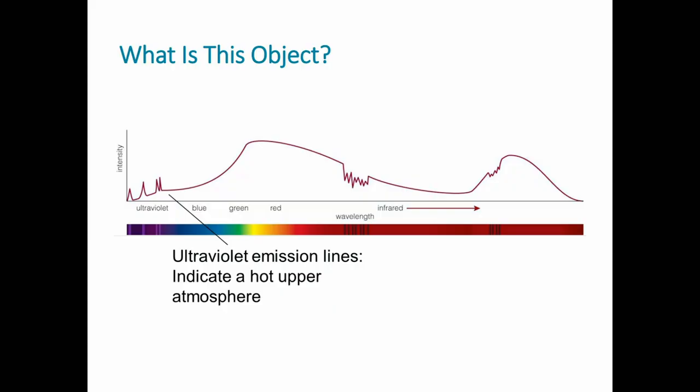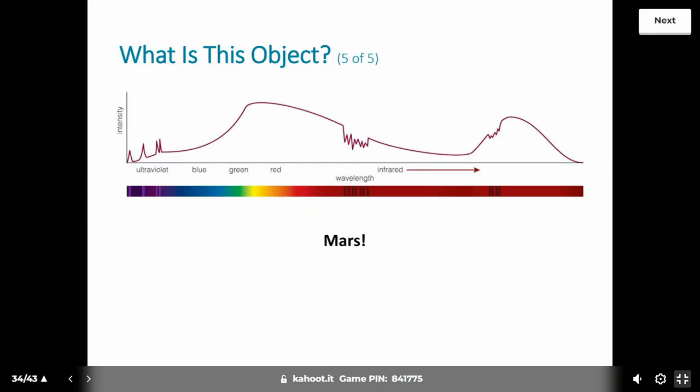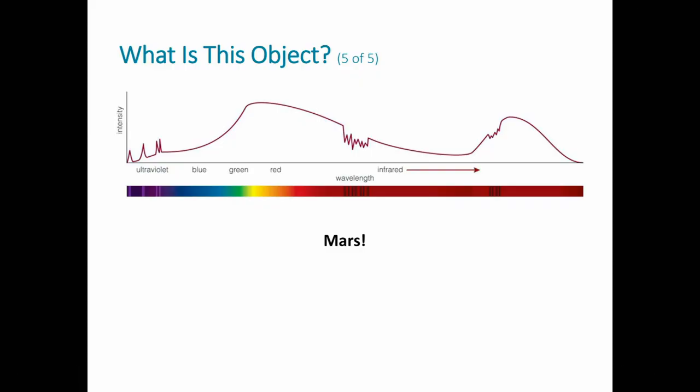So what is this object? It turns out that this is the spectrum of Mars. So remember, none of the planets in the solar system emit their own visible wavelength light. So if you are looking at a telescope and you see it with your eye, you're seeing reflected sunlight.